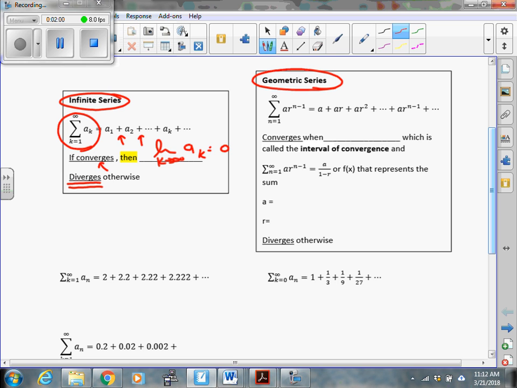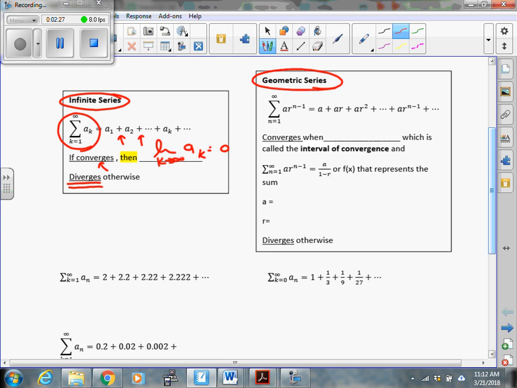Each time you multiply, it continues to get smaller and smaller. This is a significant part, because we're actually going to be able to determine that something converges. Not only that, we're going to be able to determine exactly what it converges to. In other words, we're going to be able to add up an infinite number of numbers if it's a geometric sequence.